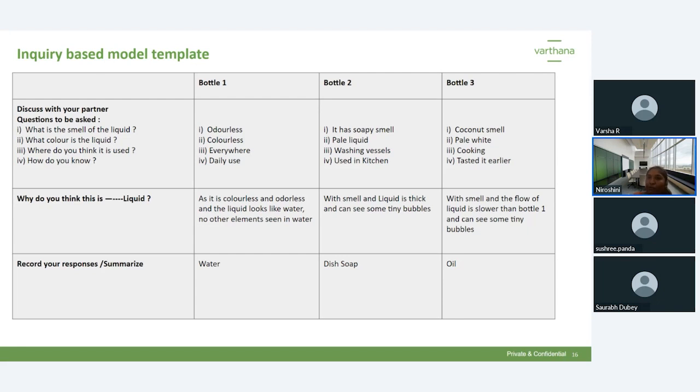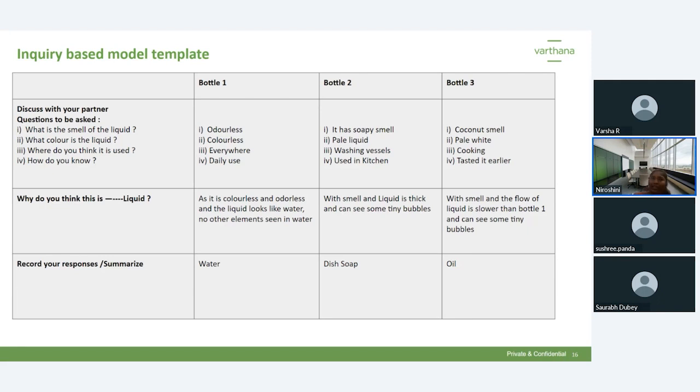So it's pretty simple for them to identify which particular liquid that is. When asked why they think this is this particular liquid, they have noticed that these are the changes that are seen in other bottles too. So they feel that bottle number 1 is water. Like this, we can conduct as many activities as we like for the inquiry-based model.